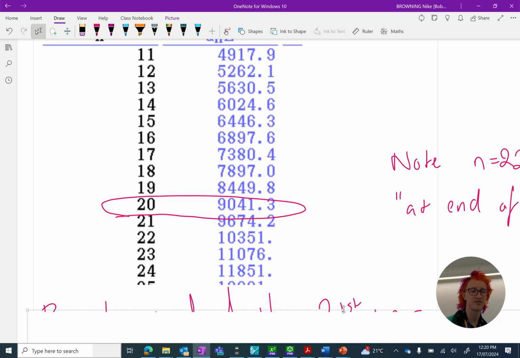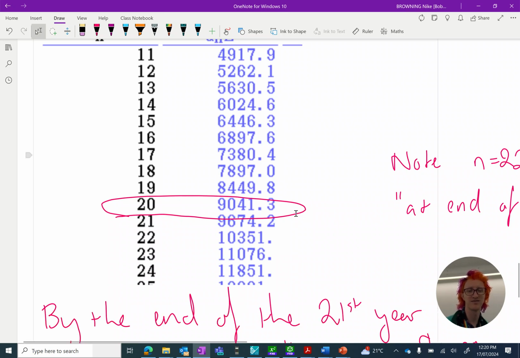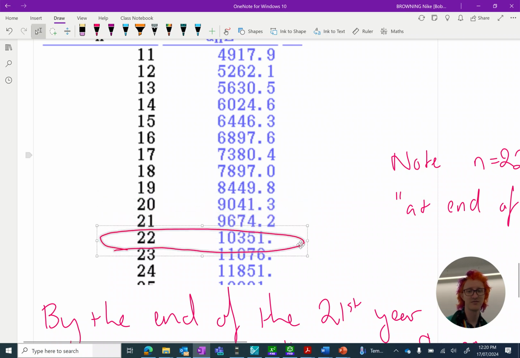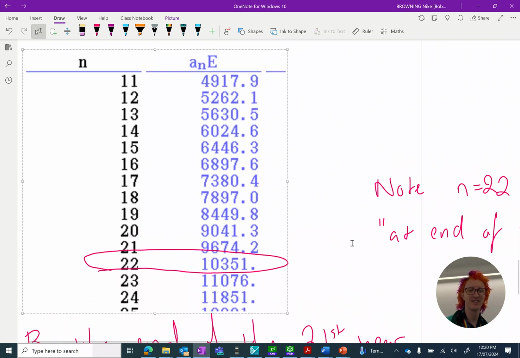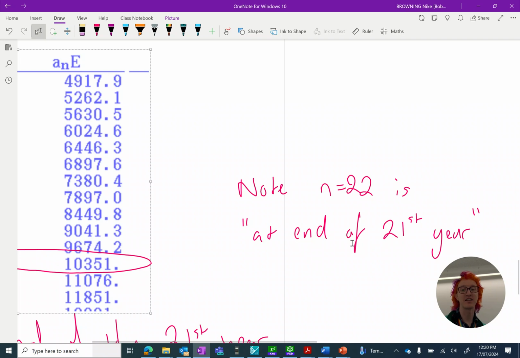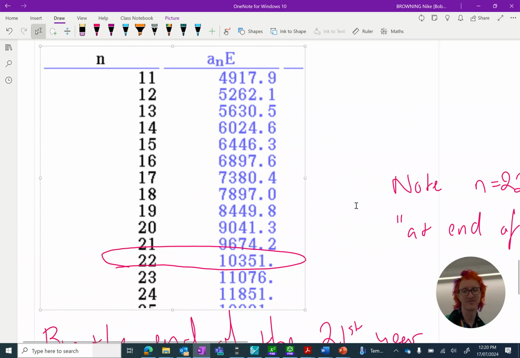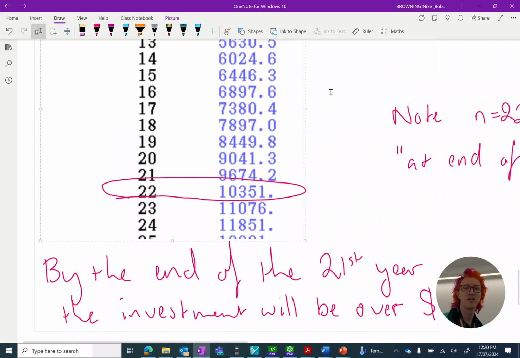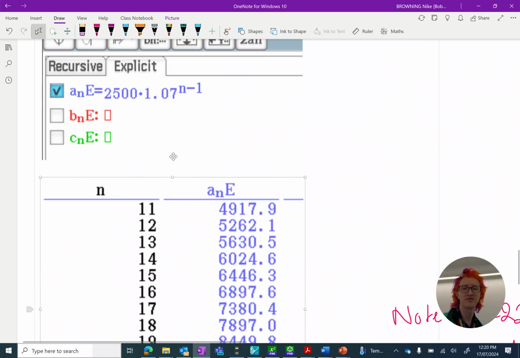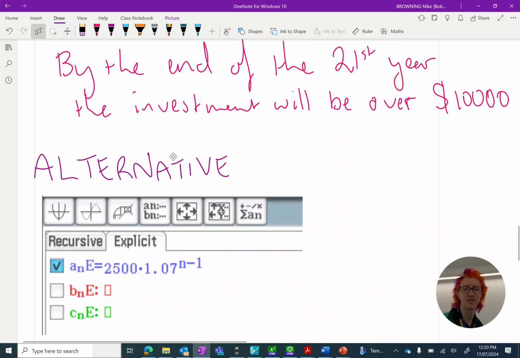Oops, my thing's moved. There you go. Note 22 is at the end of the 21st year. So by the end of the 21st year, the investment will be over 10,000. This way is a lot faster, but it's a lot easier to screw up.